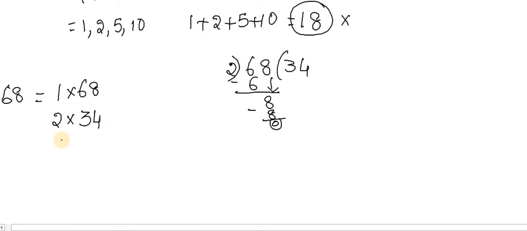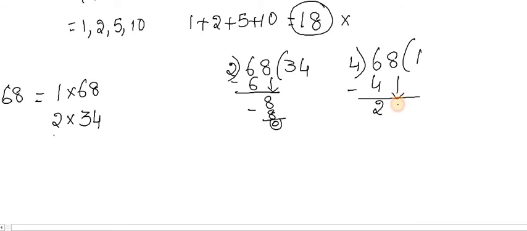Now in the 3 table you will not get. 4 table, we will check even with the 4 table also. 4 ones are 4, 6 minus 4 is 2 and 8 will come down. 4 sevens are 28. So 17 fours are 68, nothing but 4 into 17.